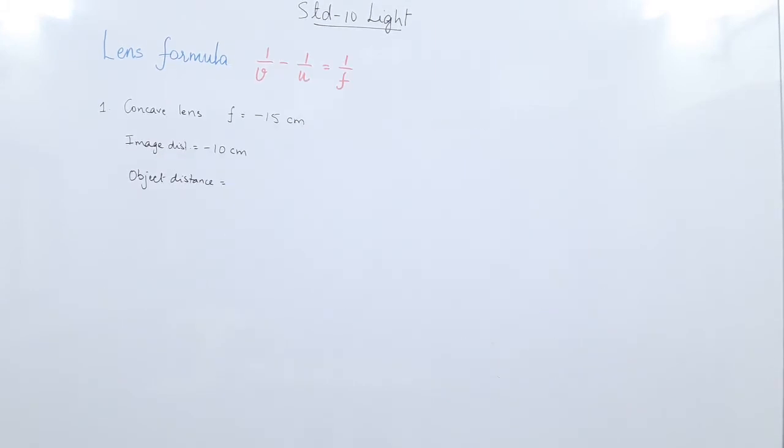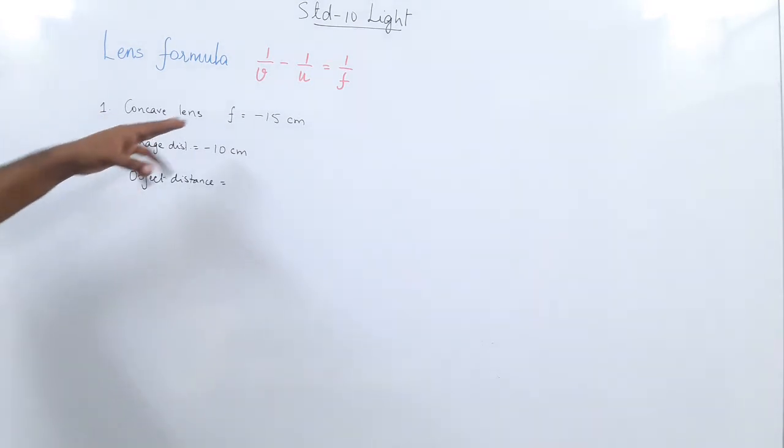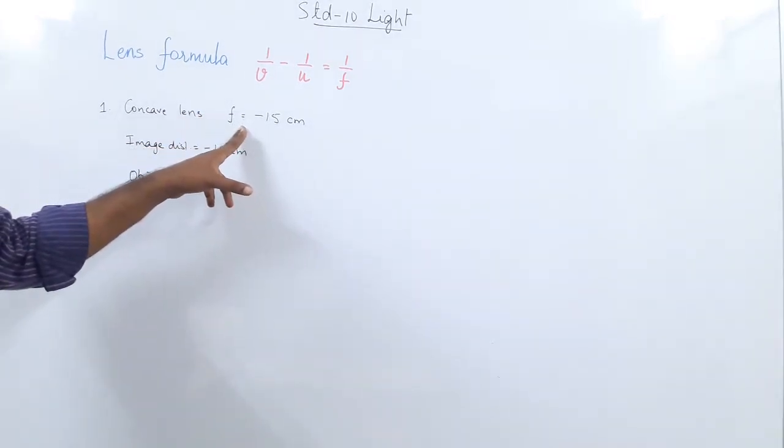So the question here is, a concave lens has a focal length of 15 centimeter. At what distance should the object from the lens be placed so that it forms an image at 10 centimeter from the lens? Also find out the magnification. So what is the question given to you here? You have got a concave lens of focal length 15 centimeter.